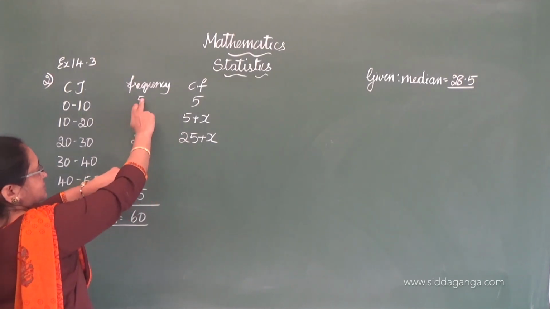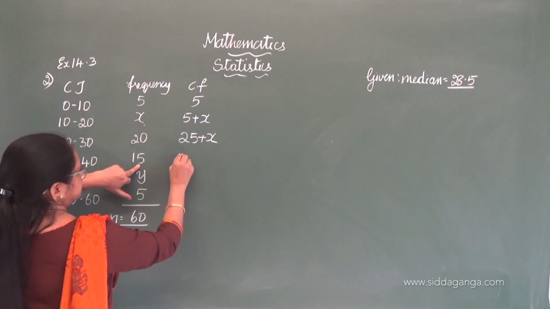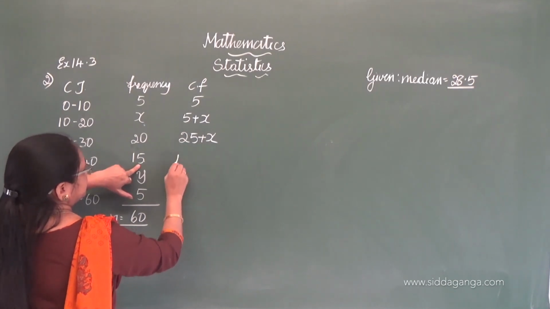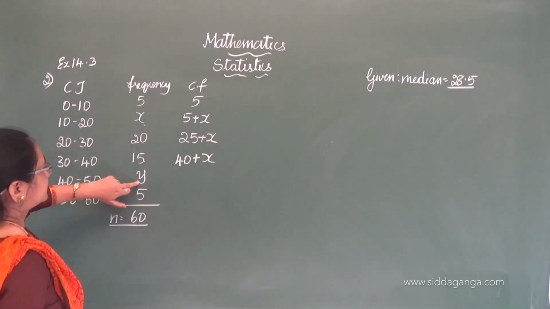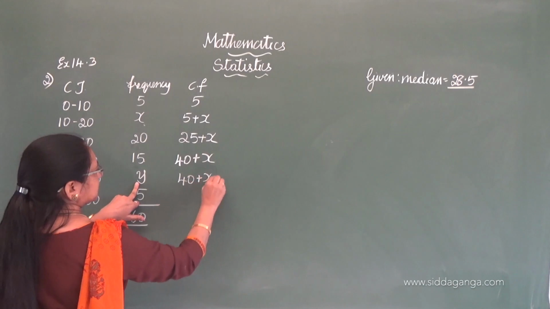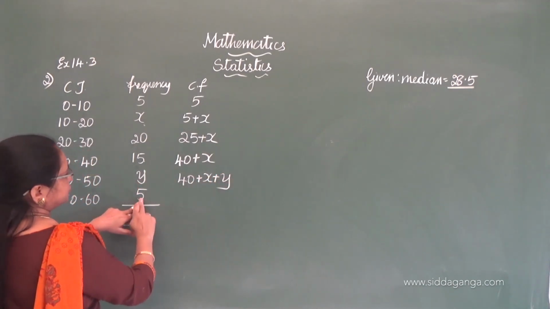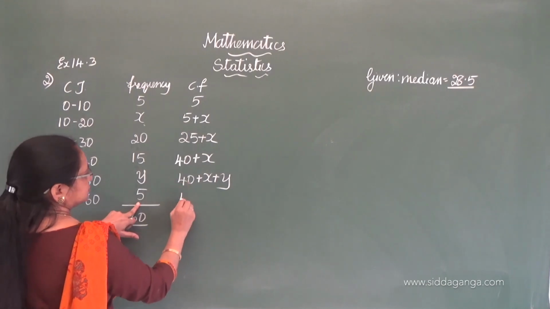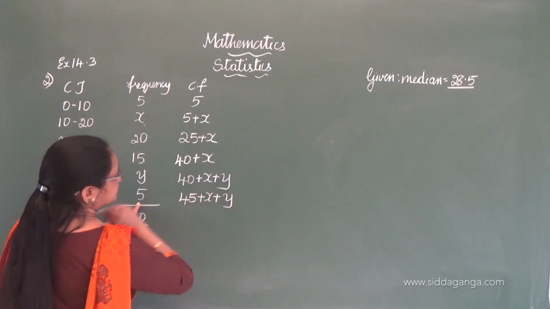So 20 plus 5, 25 plus 15, how much? 40 plus x. Next y is there, so 40 plus x plus y. Next 5, so for 40 I am going to add 5, 45 plus x plus y.